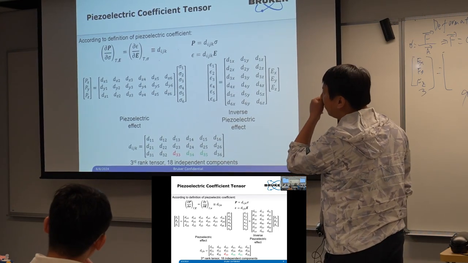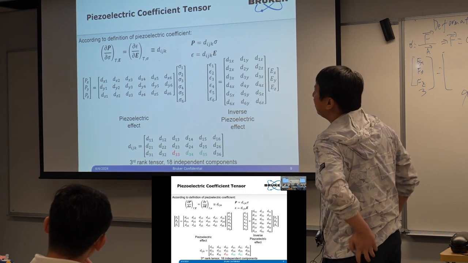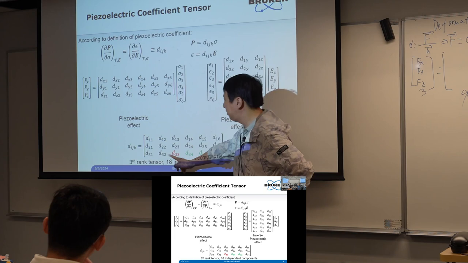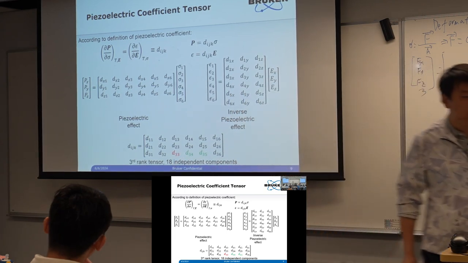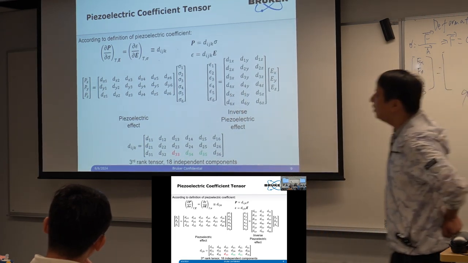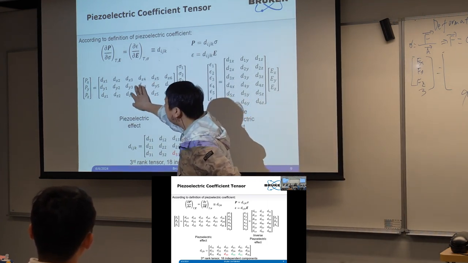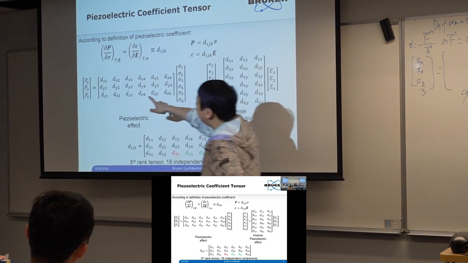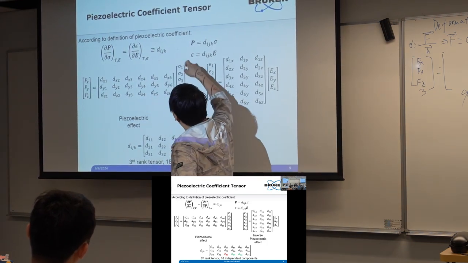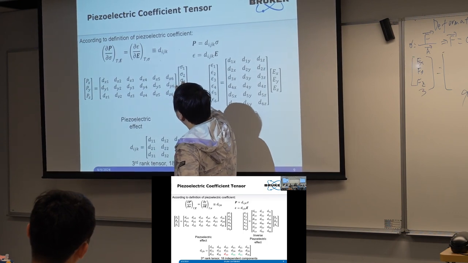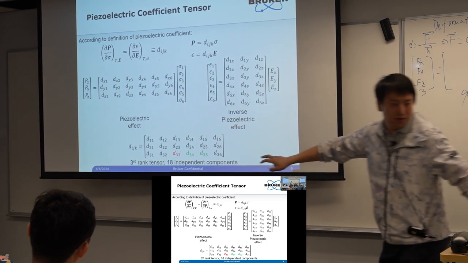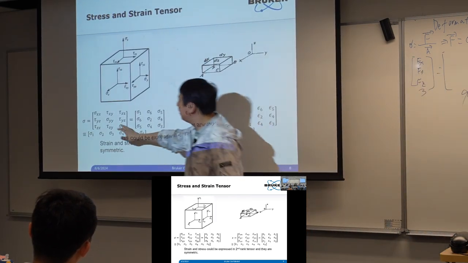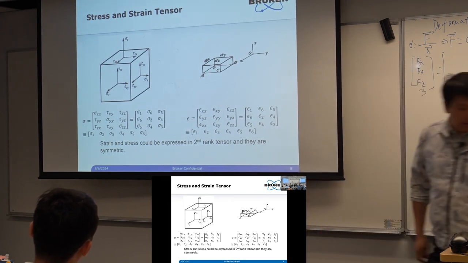So once you have done something with piezoelectricity, the famous component is the D33. And this D33, we can tell easily from this tensor description. That means it's the number 3 force, and this number 3 force is the Z component.